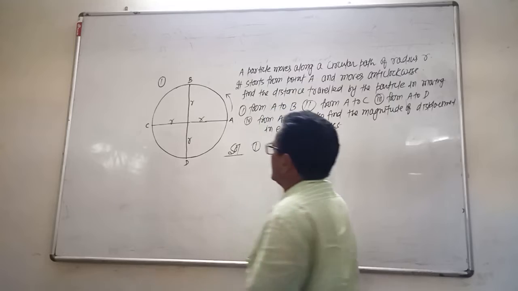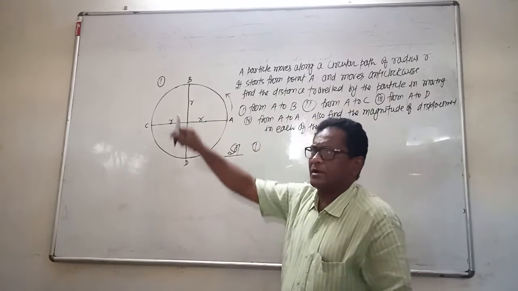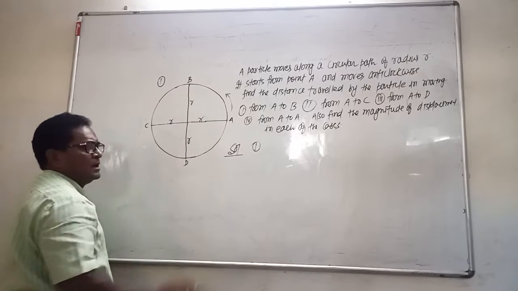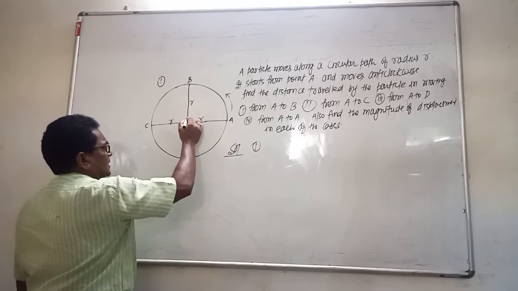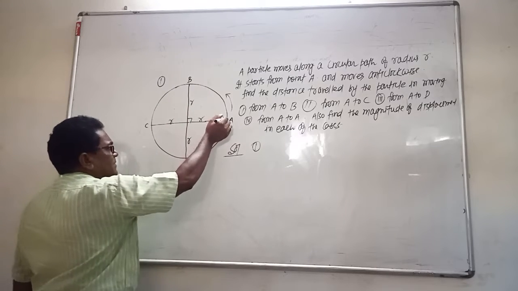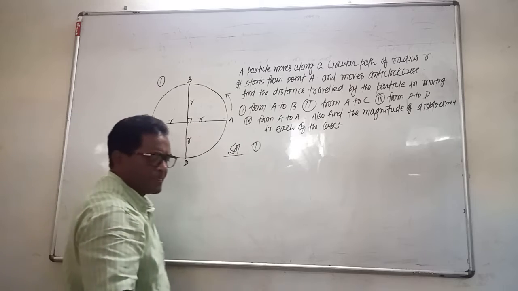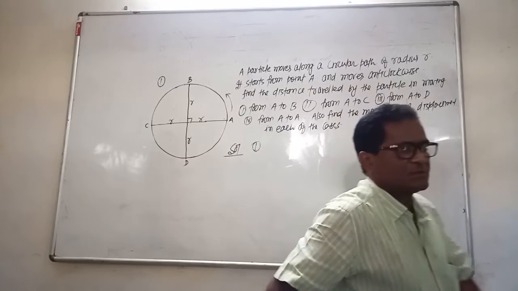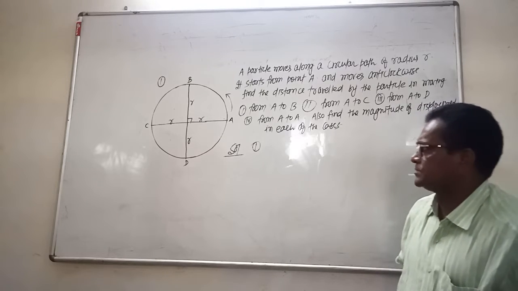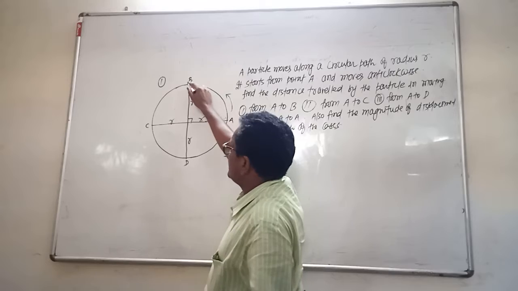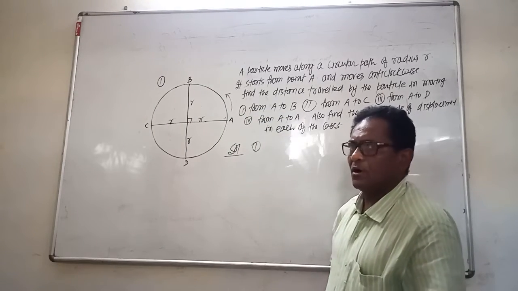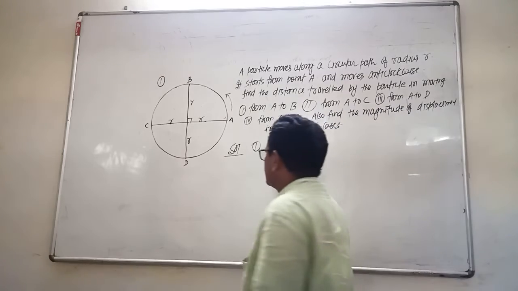So in first case, when particle goes from A to B, we have divided this circle into 4 quadrants. This is first quadrant, second, third and fourth. So if particle goes from A to B, then it covers 1/4 part of the total circumference.